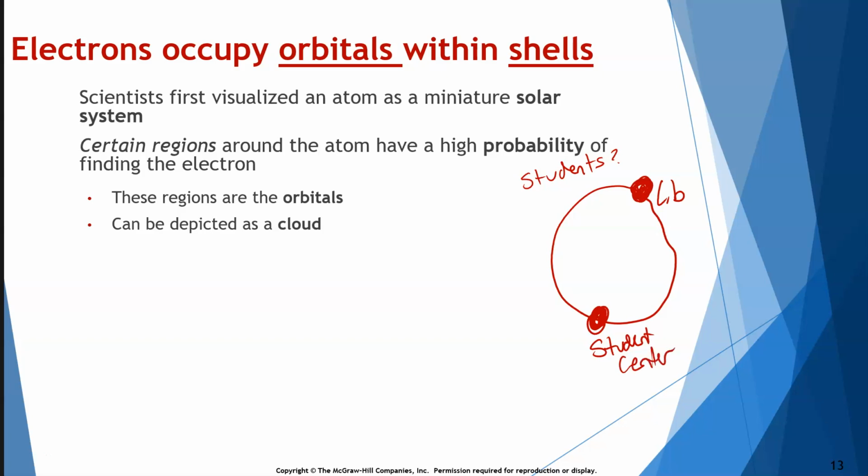Another might be the natural science building. These concepts are the same with our electrons. Although they revolve around a nucleus, there are some regions where they like to hang out. Those regions are called orbitals, and when we draw them, we sometimes depict them as a cloud.